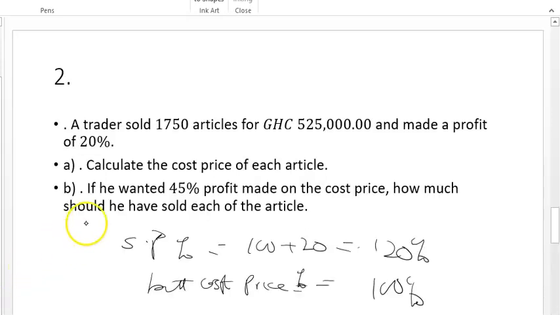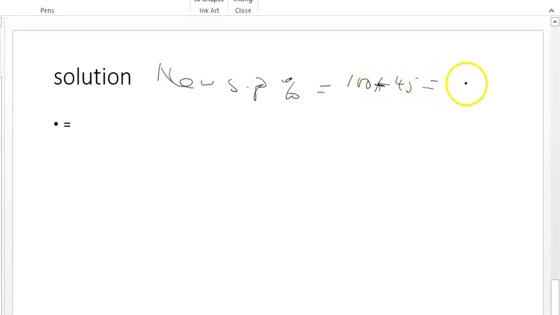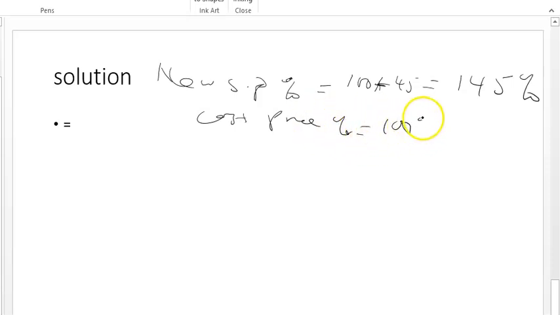Next, look at if he wanted 45% profit made on the cost price, how much should he have sold each article for? This one too is very simple. So the new selling price percentage made on one article equals 100 plus the 45. That gives us 145%. But still, our cost price percent remains 100%. It's the original price.